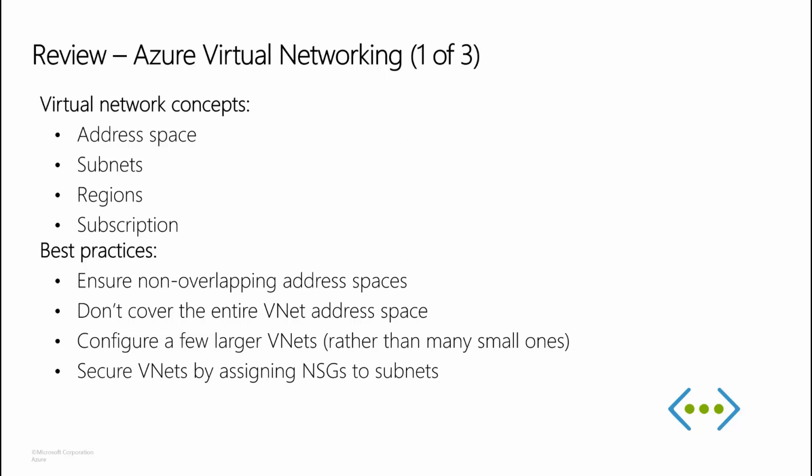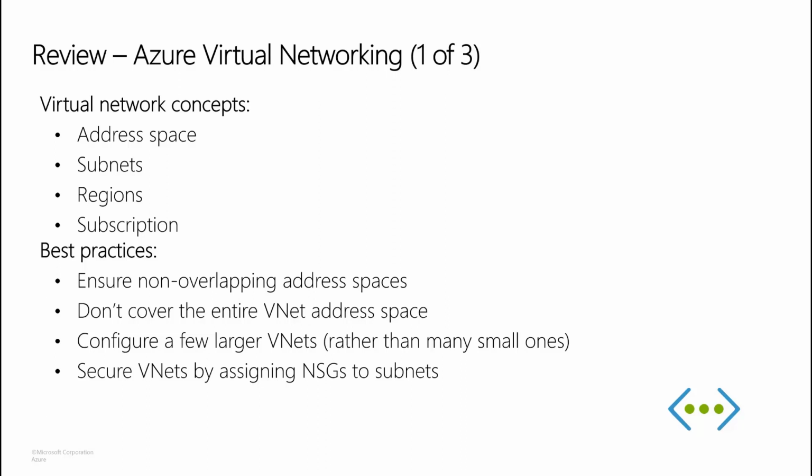Perfect. So make sure that your VNet address space or the CIDR block does not overlap with your organization's other network ranges. Secondly, your subnet should not cover the entire address space of the VNet. Plan ahead, reserve some address space for your future use. It is recommended to use fewer large VNets than multiple small VNets. This will prevent management overhead.